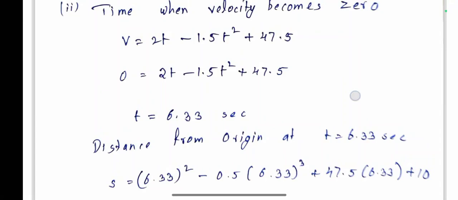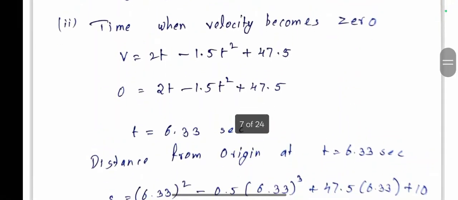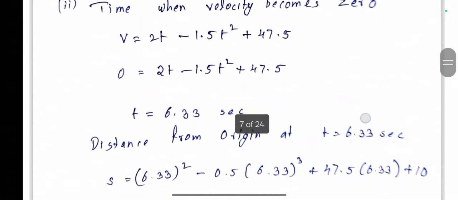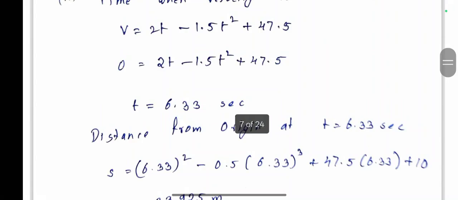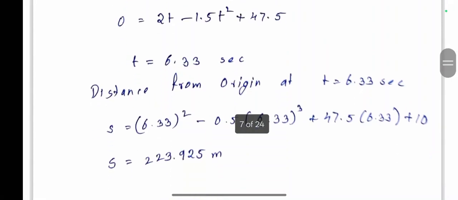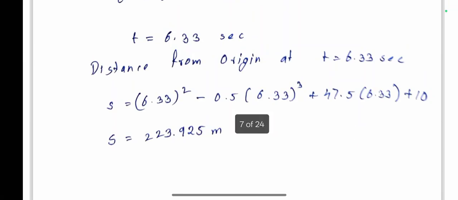At velocity V, we will substitute 0. 0 is equal to 2t minus 1.5 t square plus 47.5. Here t will become 6.33 seconds.